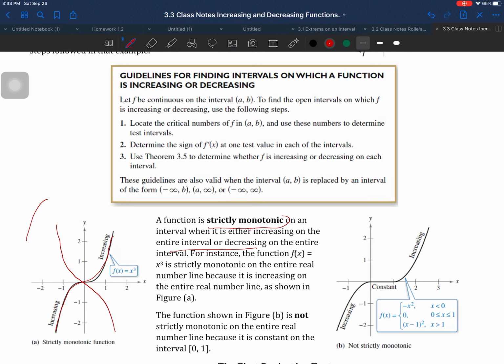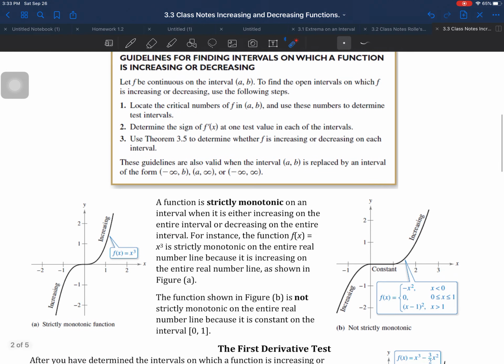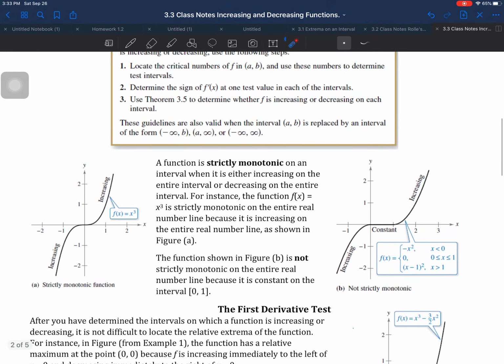So there's not going to be a change of direction from increasing to decreasing, or from constant. Monotonic means one direction: there are no turnarounds and no flat regions. A function is not strictly monotonic if it's increasing, then becomes constant on an interval, and then starts increasing again. That's not strictly monotonic.